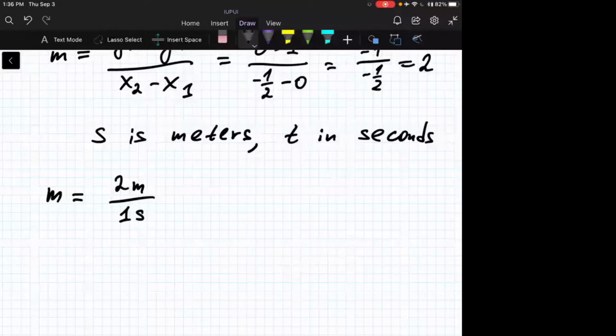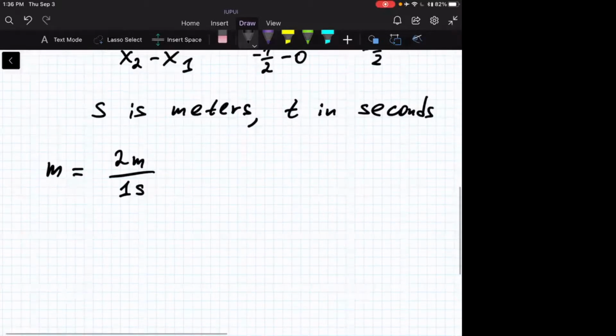In other words, s changes by 2 meters whenever t changes by 1 second. So the rate of change of s with respect to t is 2 meters per second, which is just the definition of the velocity.